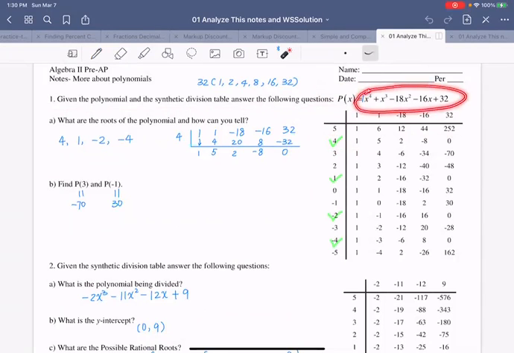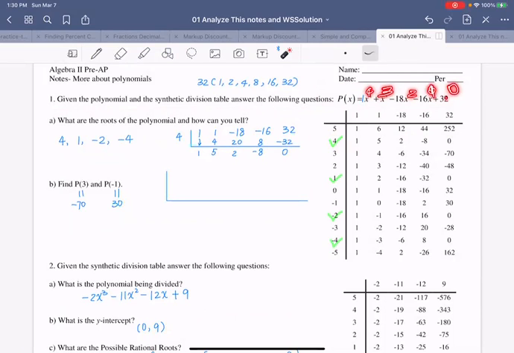The way we do the synthetic division is this. When you see these polynomials, you order them from higher to lower. If it's organized like this, you're lucky. If it's not, you first order them from higher order to lower order.